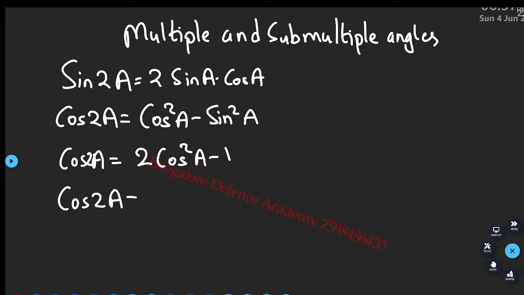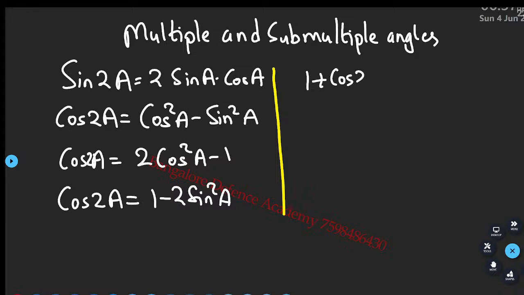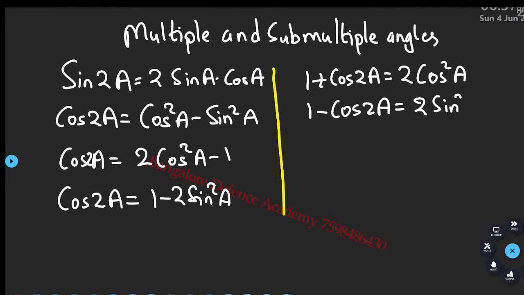Again, cos 2A is equal to 1 minus 2 sin square A. Next, 1 plus cos 2A is equal to 2 cos square A. Next, 1 minus cos 2A is equal to 2 sin square A.